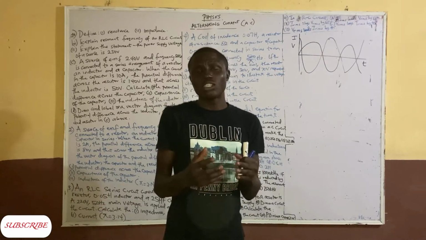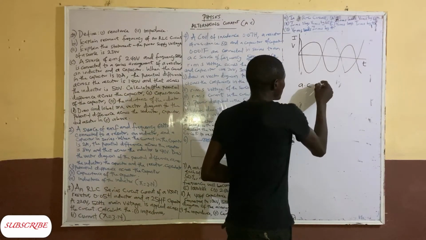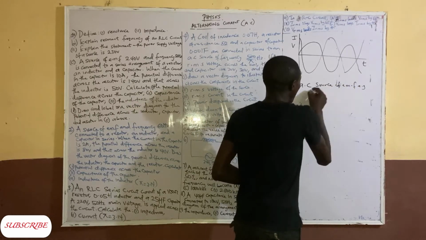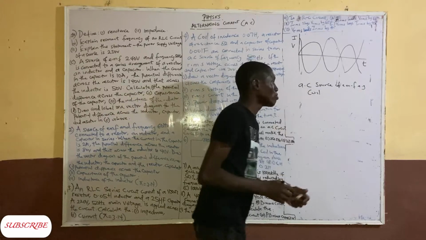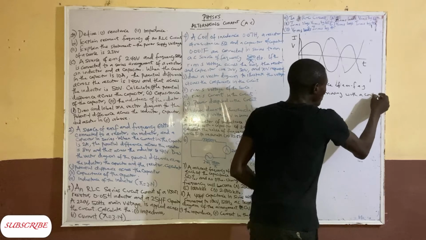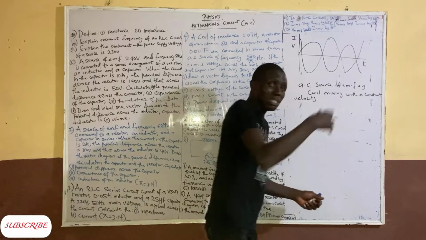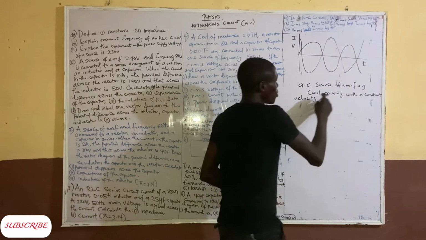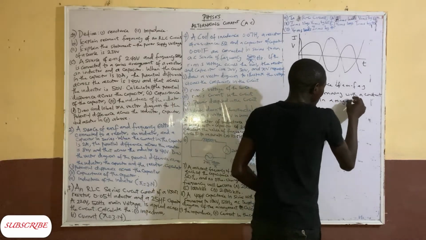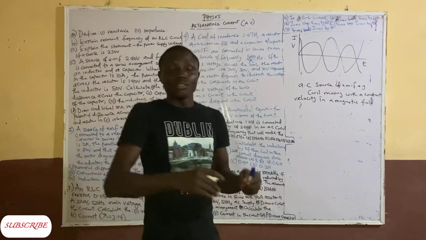Now, consider an AC source of EMF, e.g. a coil moving with a constant angular velocity in a magnetic field, which makes it repeat the same pattern.